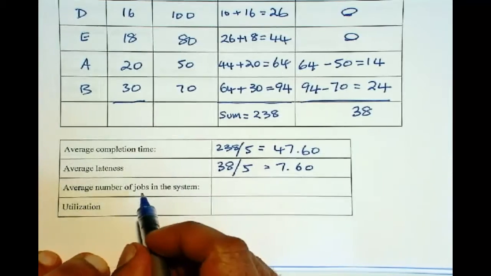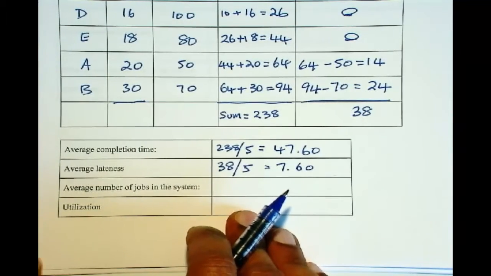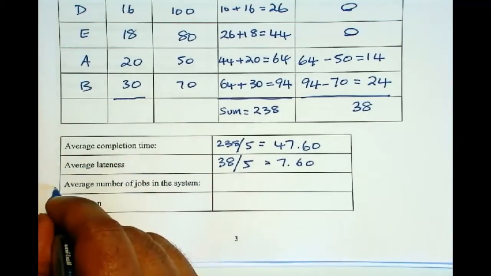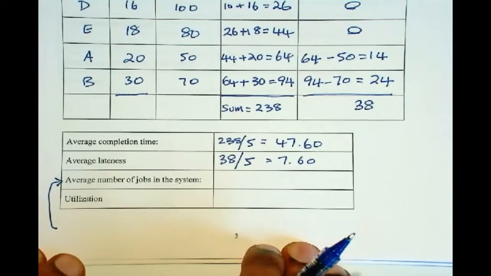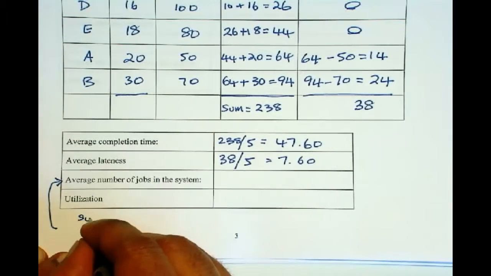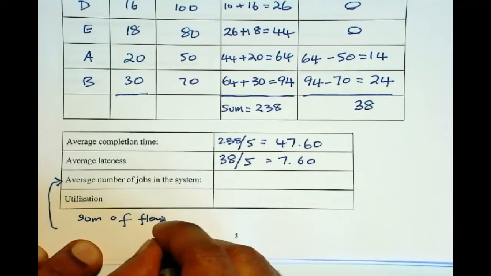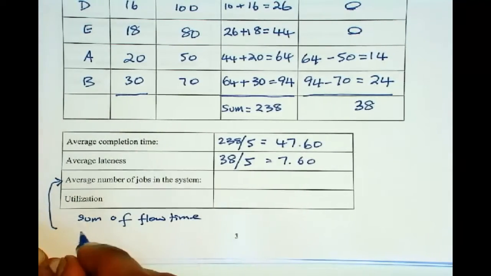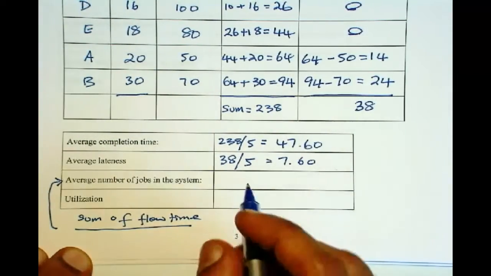Then we have the average number of jobs in the system. The average number of jobs in the system is given by this formula. You take the sum of flow time, and flow time is completion time, remember.